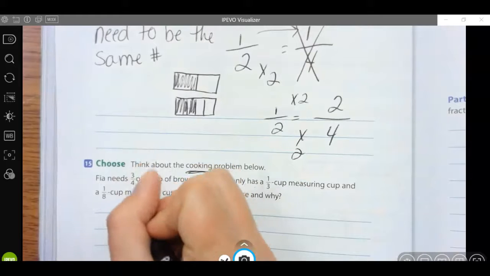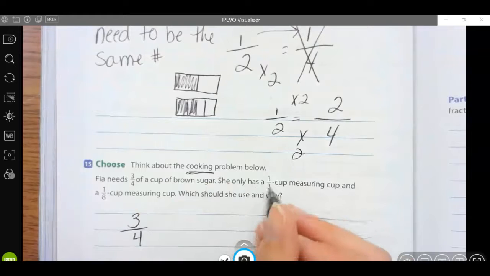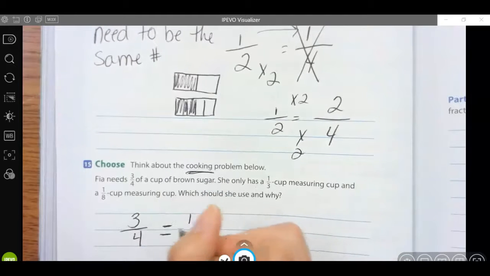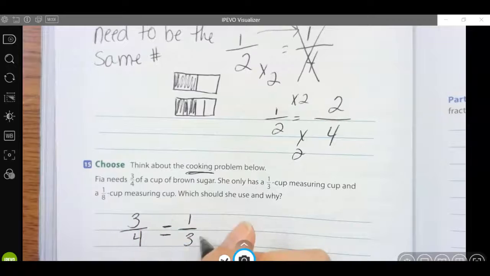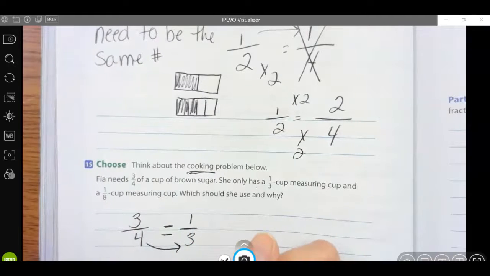So we have 3/4. That's what she needs. So we need to find something that has an equal denominator. So let's look. Does 1/3 equal 3/4? Can I go from 4 to 3 by multiplying or dividing without having a remainder?